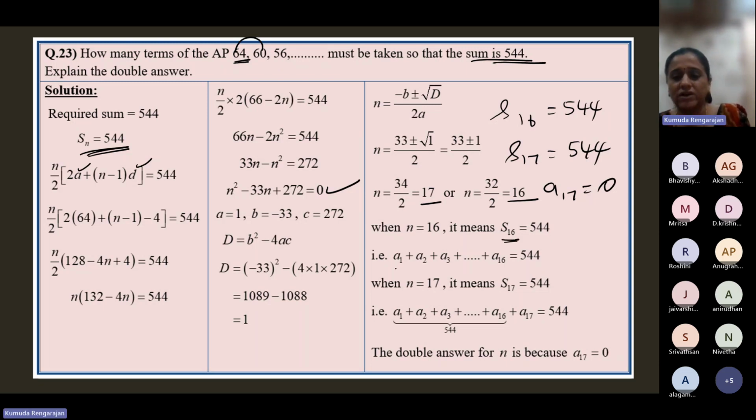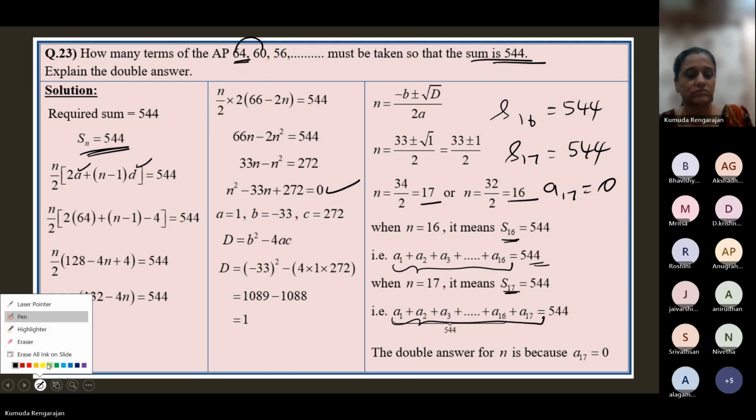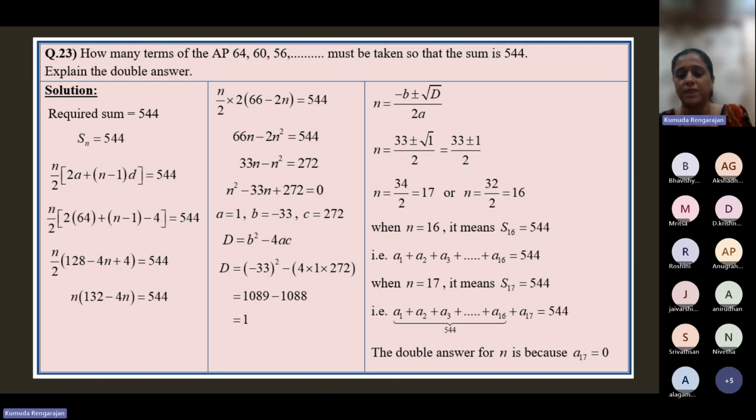S16 means A1 to A16, the sum is 544. S17 means the sum from A1 to A17 is 544. But A1 to A16, the sum is already 544. So plus A17, that should be 0, is equal to 544. So the double answer is because the 17th term is 0.